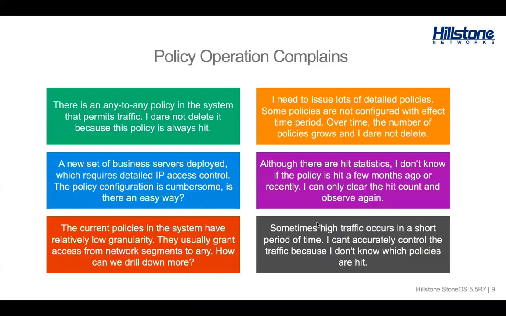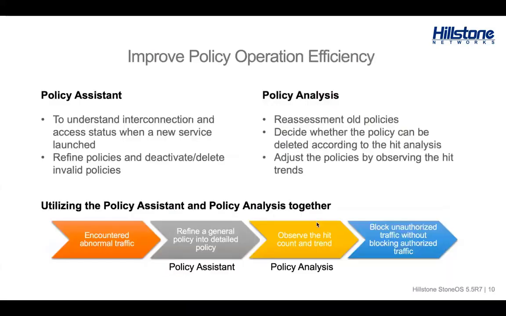There are additional problems regarding how, when you have a large collection of policies, to see whether all the policies have been used and when they are being used. To solve this problem, in this release we're releasing 2 tools.